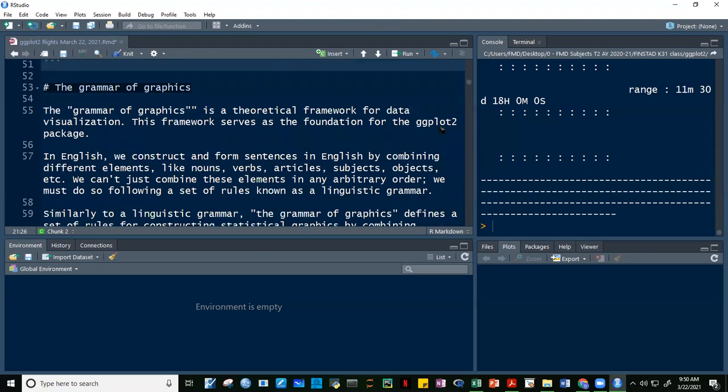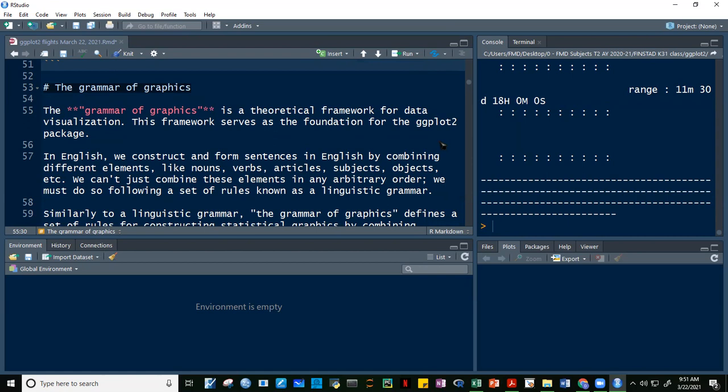Okay, this is just a brief summary of what this subject is all about. This is all about the grammar of graphics. Okay, what's a grammar of graphics? So the grammar of graphics, guys, as stated here in our notes, it's a theoretical framework.